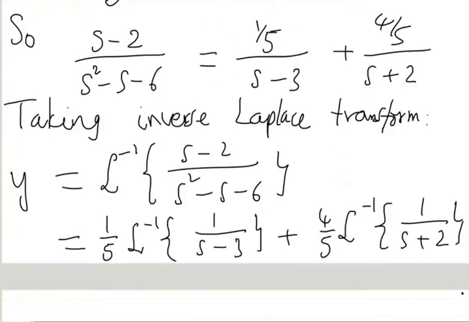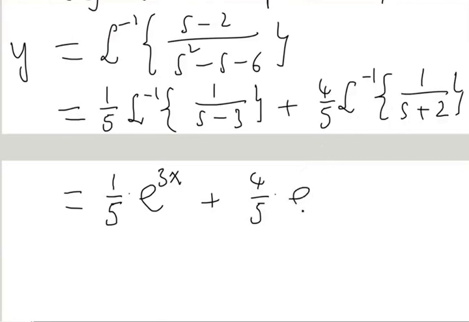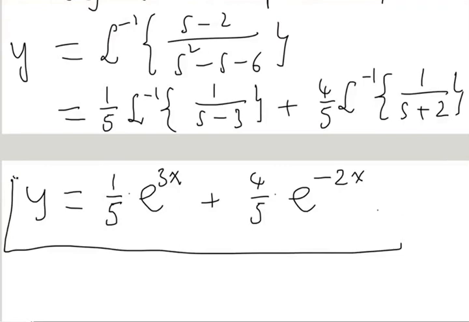And now we only need to use the table of Laplace transform to figure out what the answer is. Inverse Laplace transform of 1 over s minus alpha is e to the alpha x, so e to the 3x. And then we have 4/5 inverse Laplace transform of this is e to the negative 2x. And this is our solution to the initial value problem.